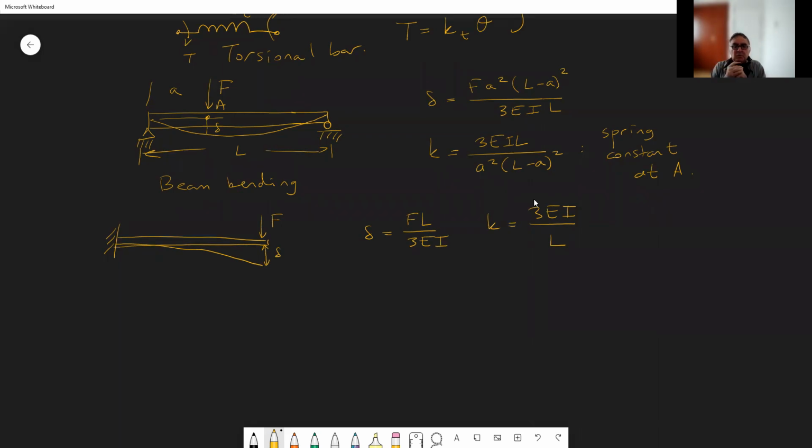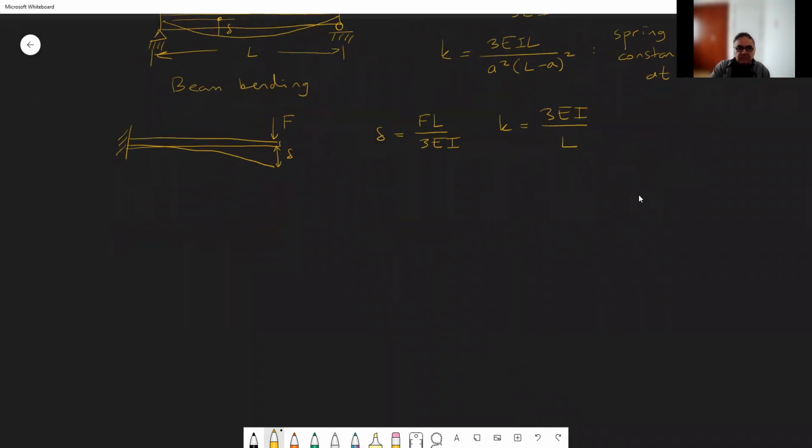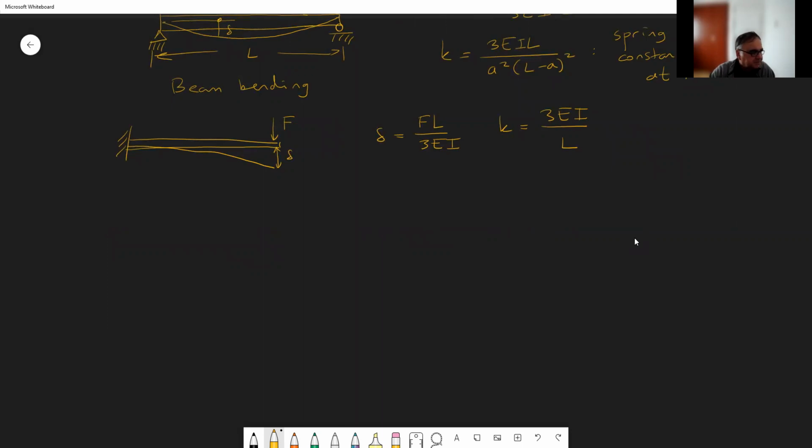And so you can represent lots of systems with different springs, if you need to. On top of that, you might sometimes have parallel springs.